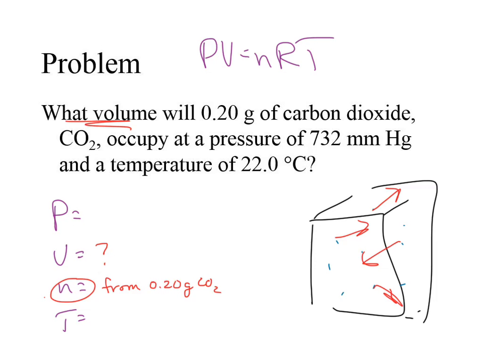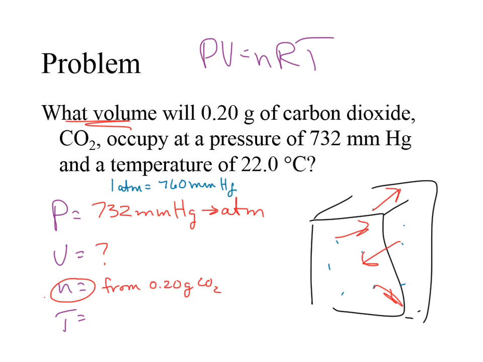It gives the pressure is 732 millimeters mercury. Note to self, that needs to be converted to atmospheres if we're going to use the ideal gas law constant that I usually use. But no worries, remember that 1 atmosphere is exactly equal to 760 millimeters mercury. That's how we're going to do that conversion.